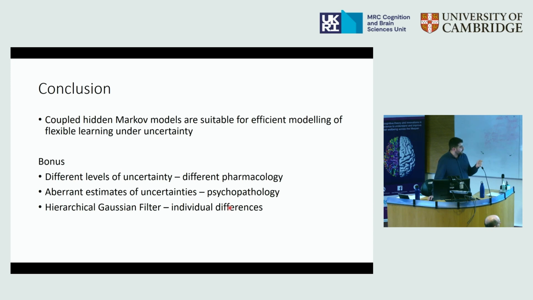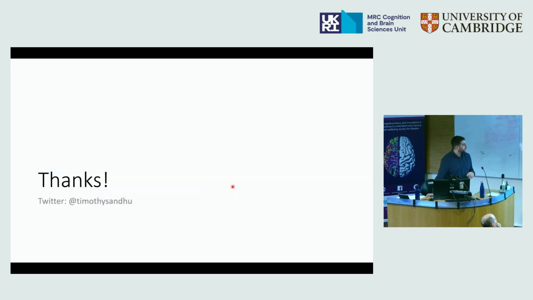Because we can fit the model to individual participants, we can understand individual differences in how people estimate and update their estimates of uncertainty. And crucially for me, because I'm interested in psychopathology, we can understand how these individual differences might correspond to aberrant inferences or estimates of uncertainty, which may start to help us understand more about psychopathology in terms of things like anxiety.